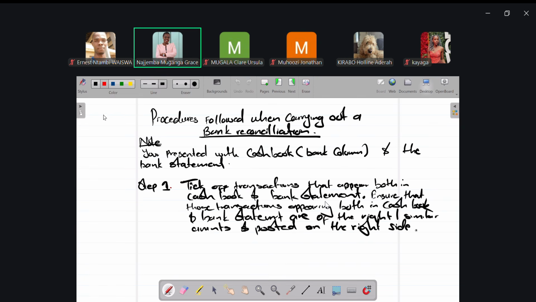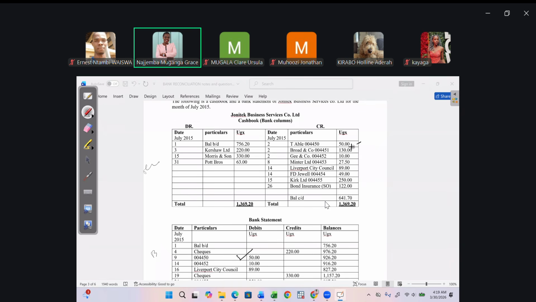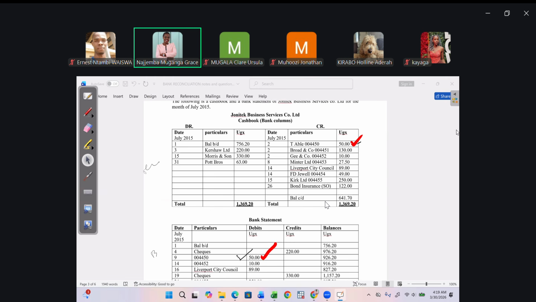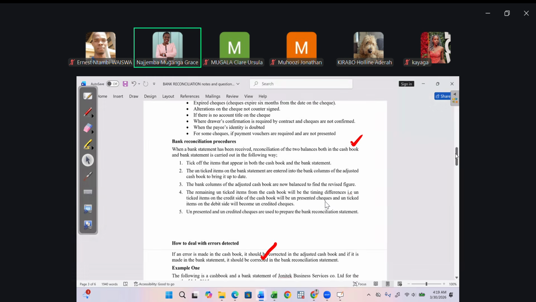So for this example, you would simply look at this transaction, 50 on the credit, 50 on the debit, and tick the amount in both. You go through for all. After you have ticked everything, you now look out for any other.